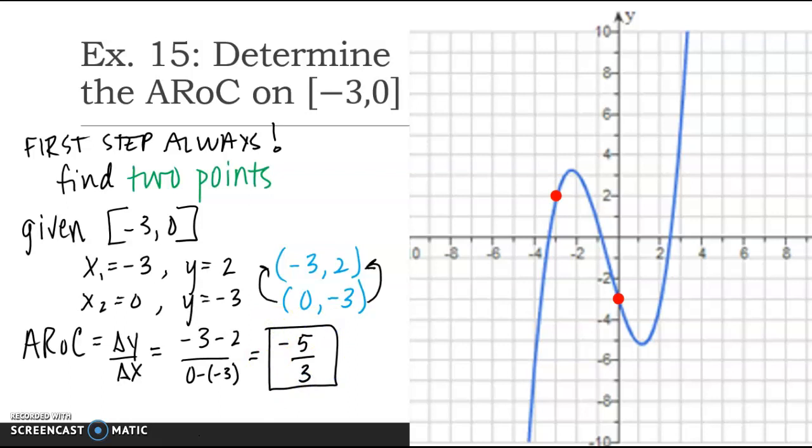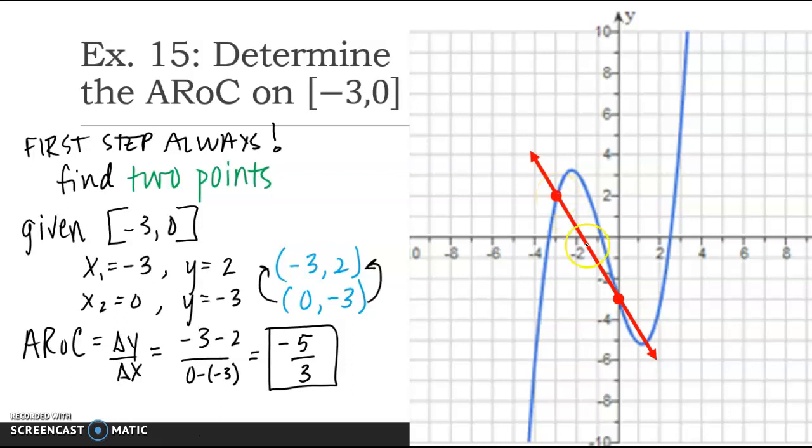Regardless of the format that you're given, you always have to determine the 2 points. If we're given a graph, I really want you to understand how nice and easy it is to interpret from a graph. We found our 2 points. Now, what if I were to draw a line through those 2 points? How can we find the slope? This is where we can use our rise over run relationship.